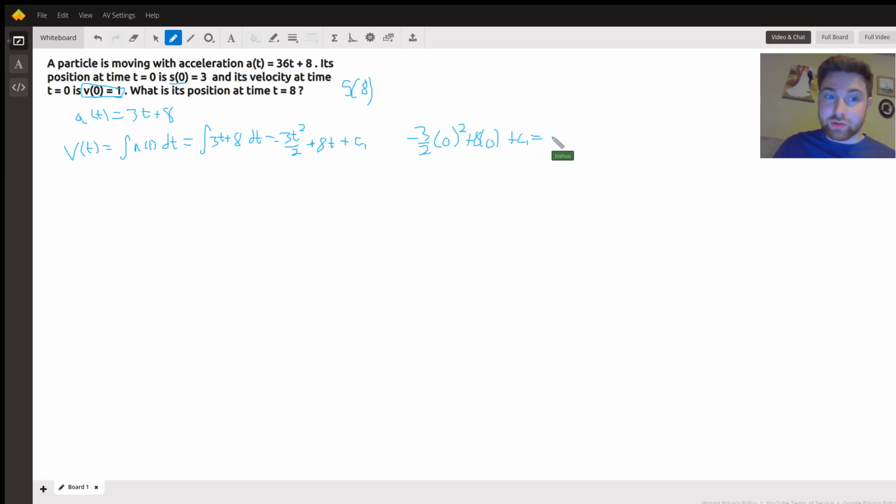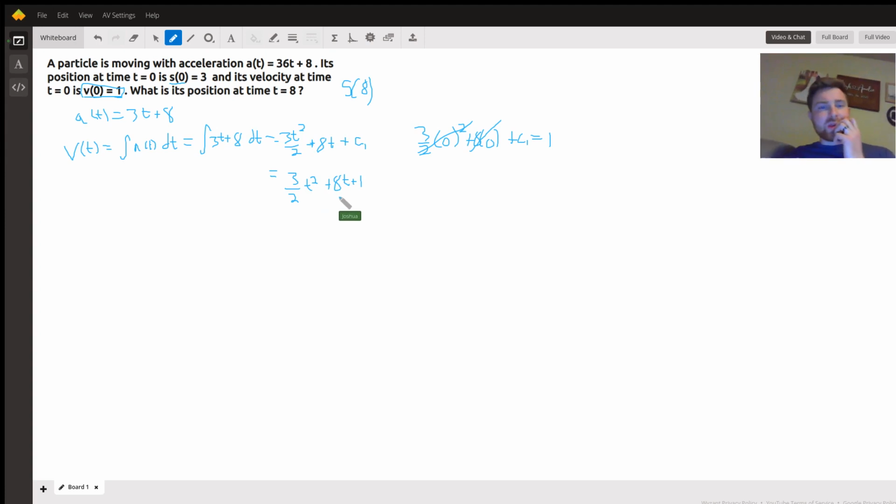This better equal 1. Oh, look at that, that goes away because that's 0. That goes away at 0. C1 has got to be 1. So we have 3 over 2 t squared plus 8t plus 1.